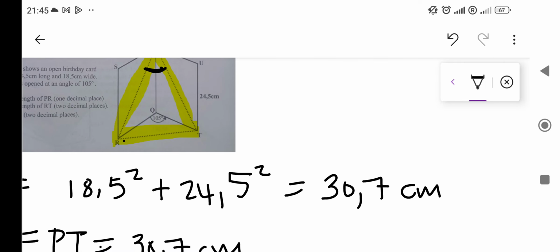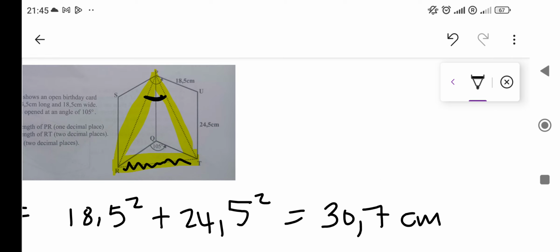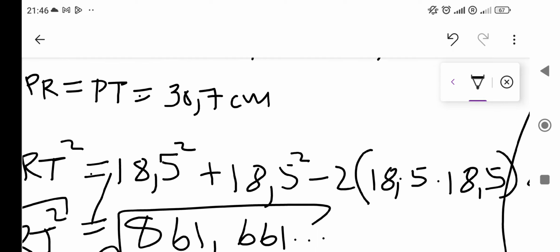So we're going to say RT squared is going to equal to PR squared plus PT squared minus 2 PR and PT, and then we're going to have cos of our angle P. Okay, let's go put all of that into our formula.